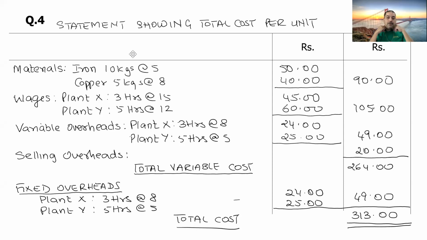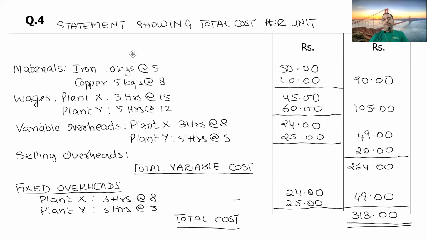Now, let us find out the answers to the two questions that they have asked. First one, find out the minimum price to be fixed for the alloy when the alloy is new to the market. Briefly explain this pricing strategy.